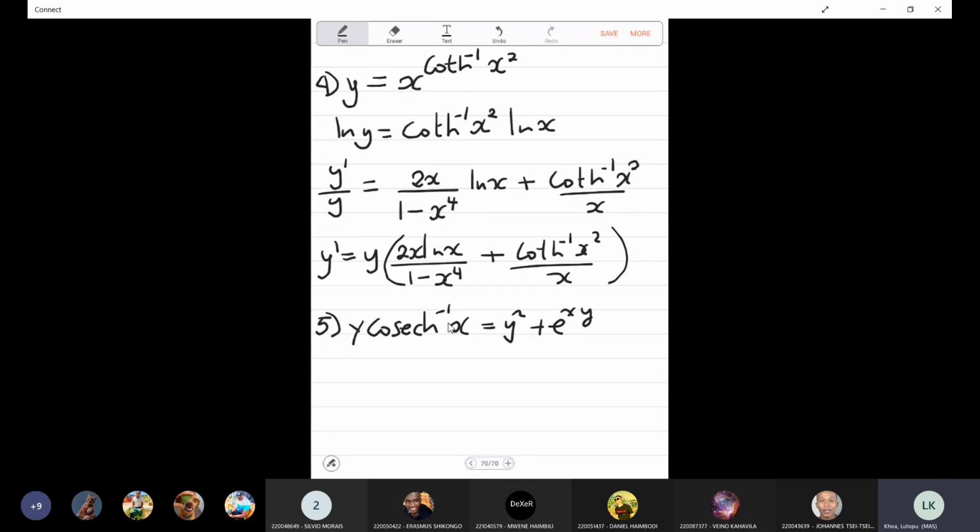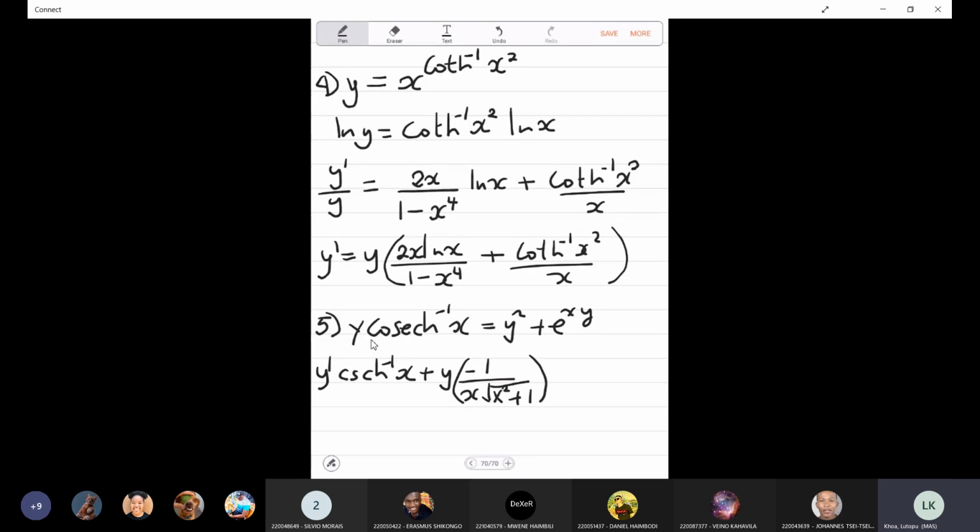So we differentiate. For the first one, we have y prime cosech inverse of x, plus y times the derivative of cosech inverse, which is negative 1 over x square root of x squared plus 1.